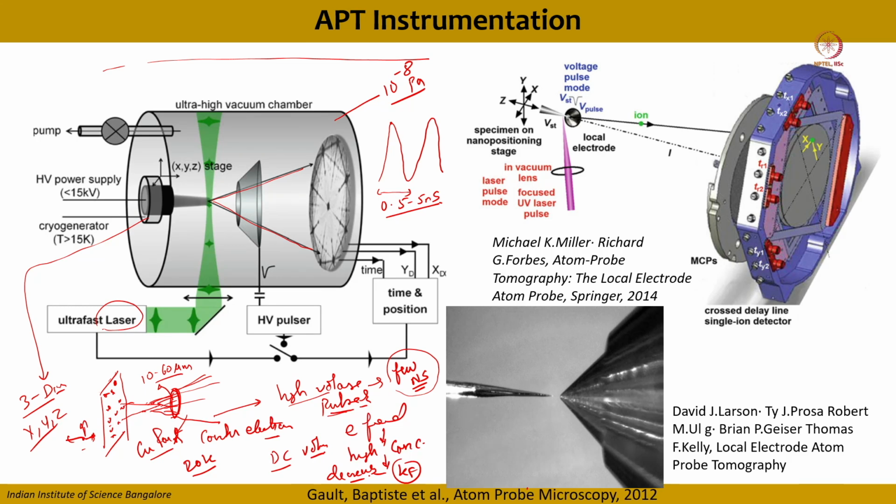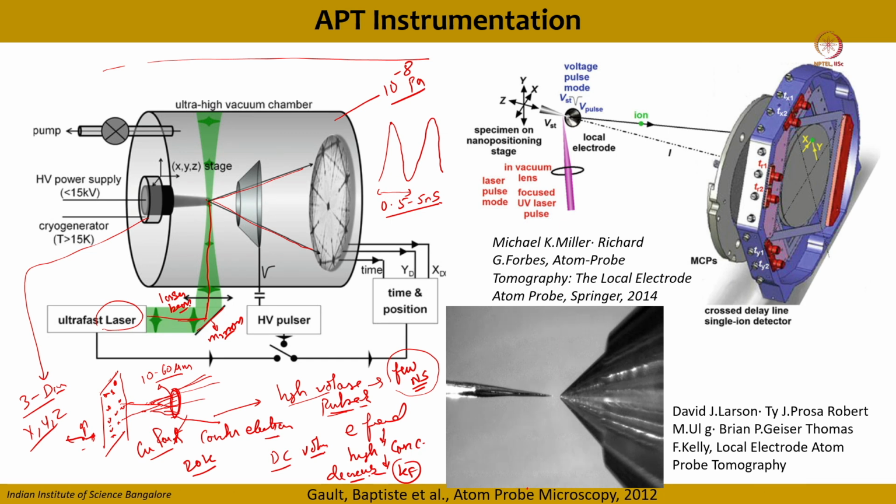Okay, so you will generate a laser beam onto the tip apex. You can see these are the mirrors, and by using optical mirrors, this laser beam is focused onto the tip surface.